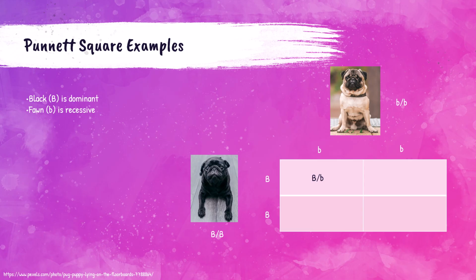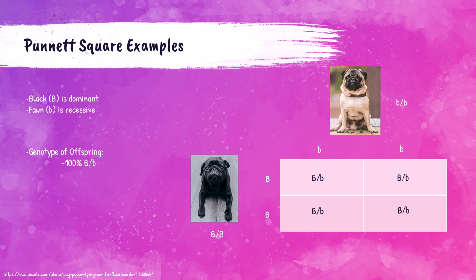So it can only give a little b or a little b. So all of these are going to be big B, little b. So genotypically, what are the percentages of the offspring? 100% are going to be big B, little b.